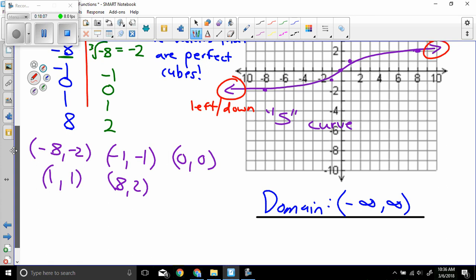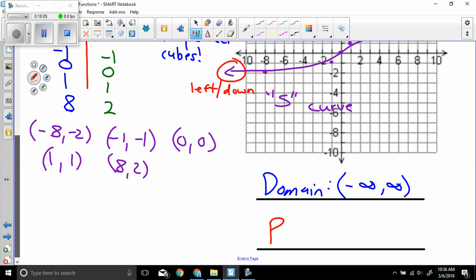Well, let's think about the range then. If I said this goes down forever, well, that's -infinity. How high? Oh, I said it went up, so that's positive. Again, non-inclusive brackets, also known as parentheses there. And that is the S curve, also known as cube roots.